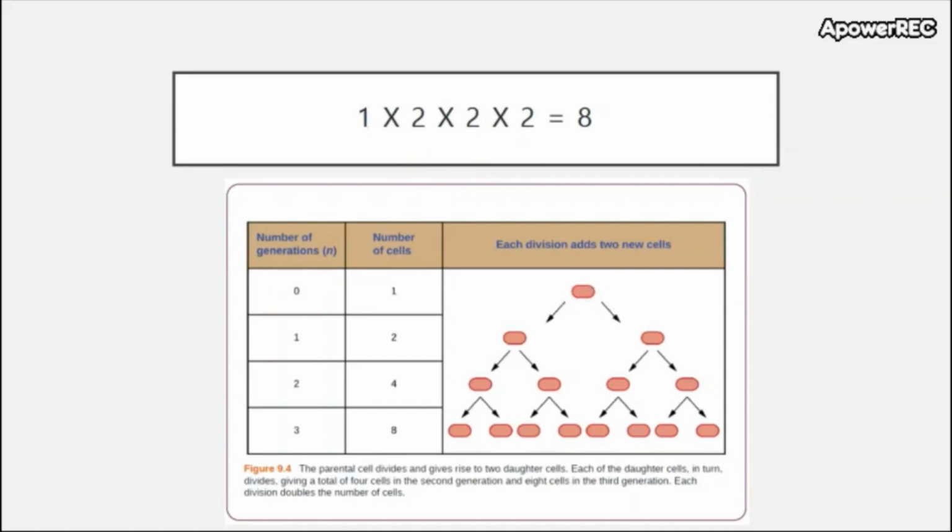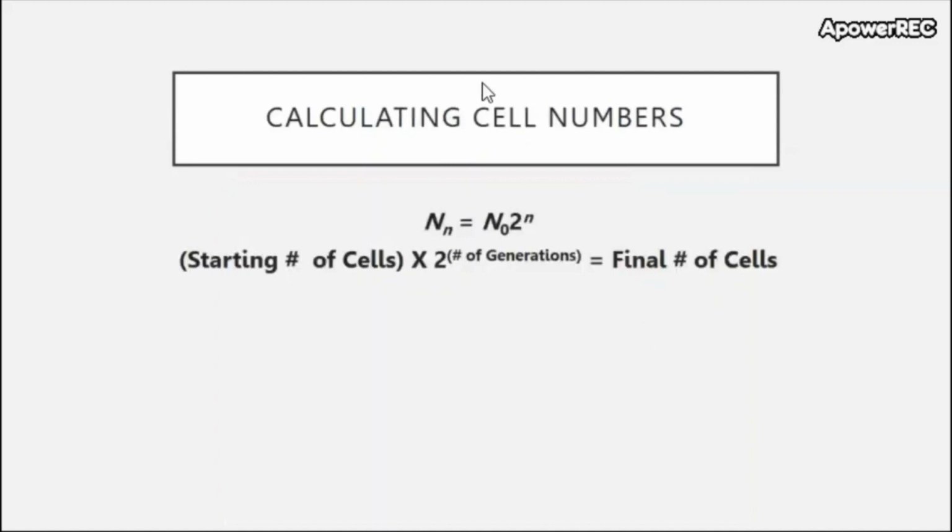So let's take a look at this next slide here. This is how we calculate cell numbers. Our starting number of cells times 2, because remember each generation we're doubling, raised to the number of generations is going to equal our final number of cells.